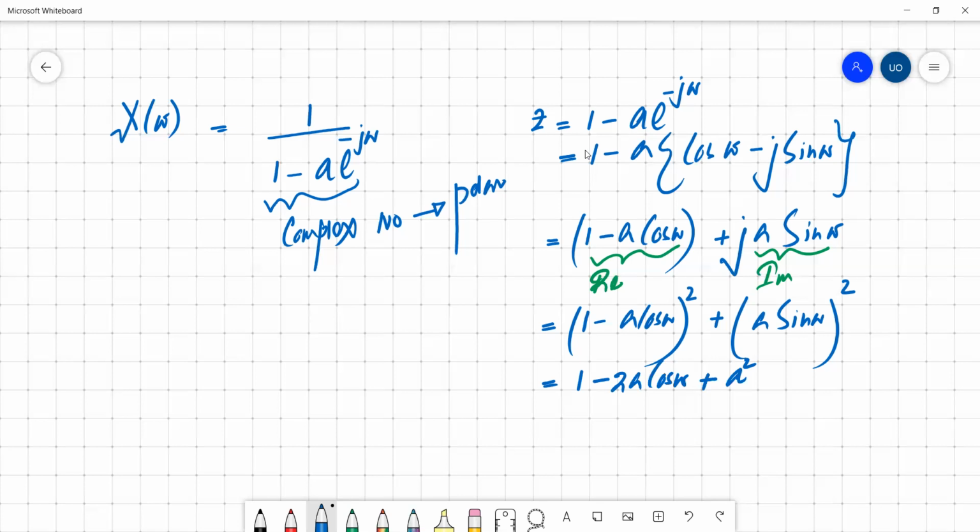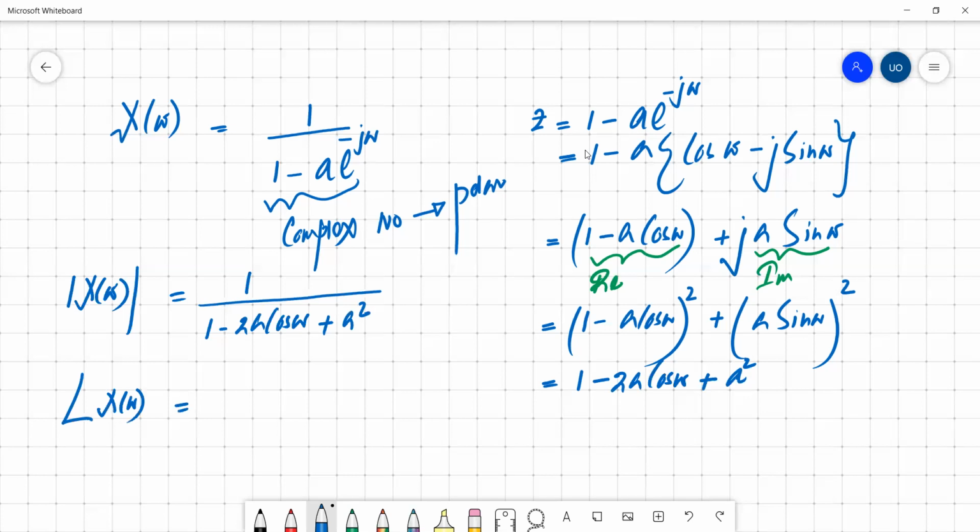So then the magnitude of X omega is 1 divided by the square root of 1 minus 2a cos omega plus a squared, and the angle of X omega we can get from the phasor of Z, which is tan inverse of a sine omega divided by 1 minus a cos omega.